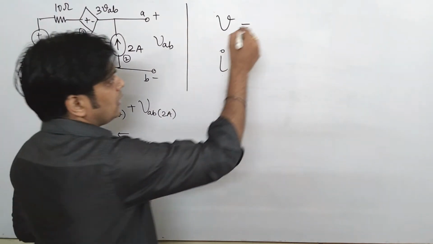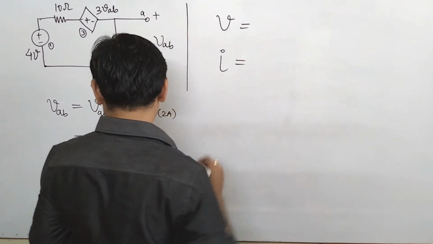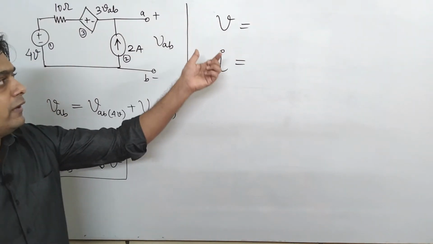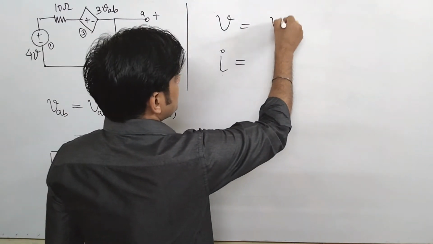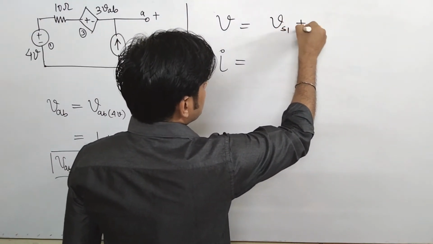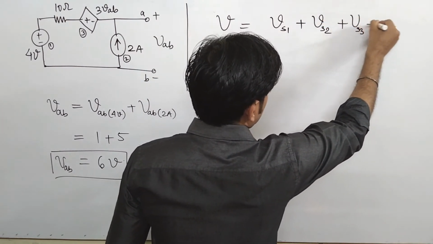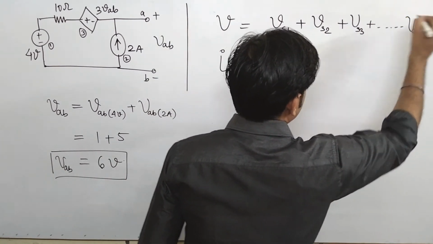So I can write it as because of source 1, source 2, source 3, up to n number of sources present.